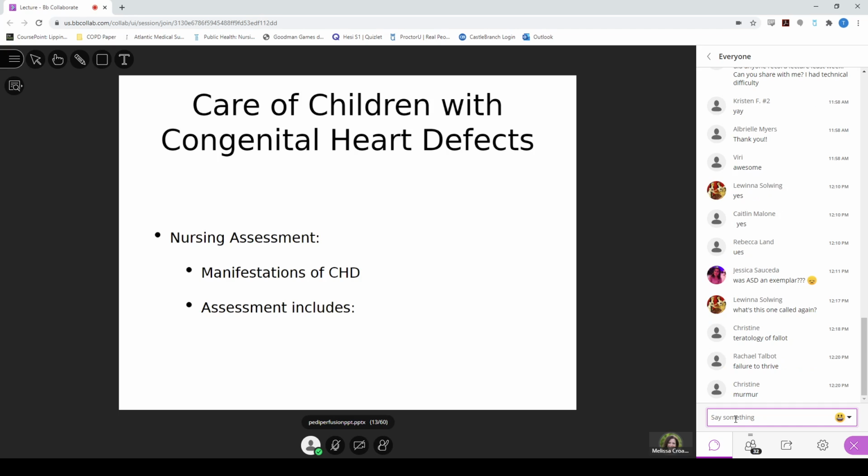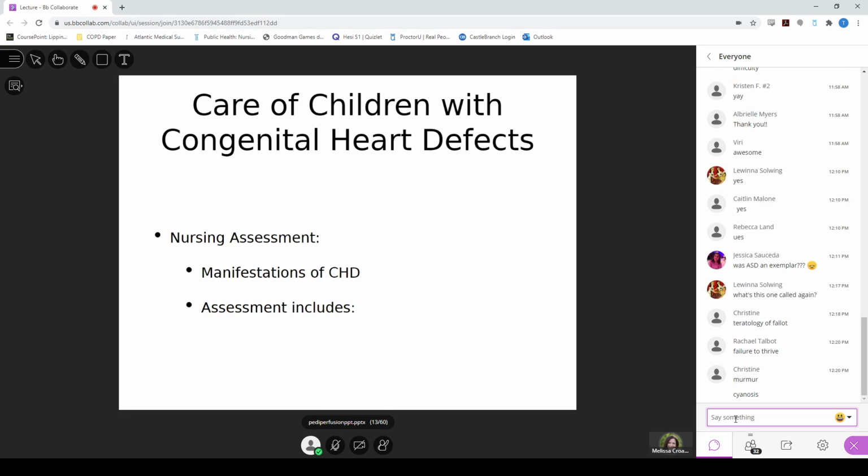Murmur, failure to thrive, yeah. They have growth restriction. They have cyanosis. So what would your assessment include with this patient?